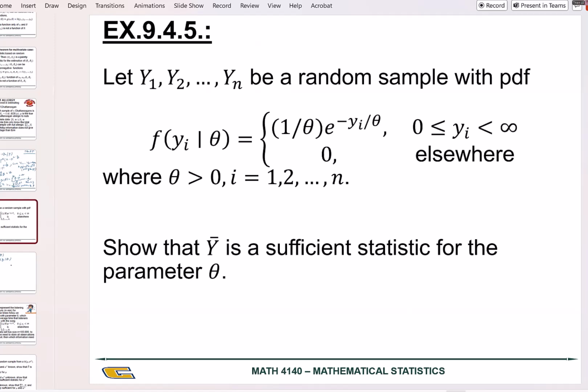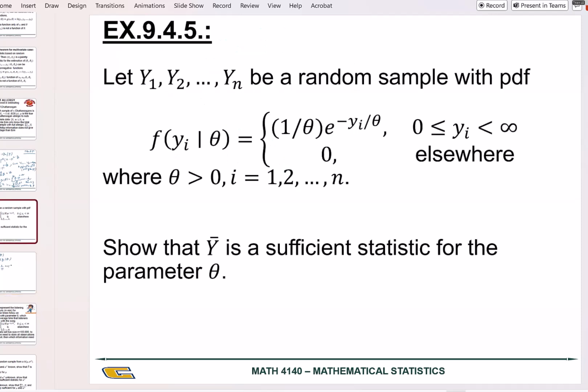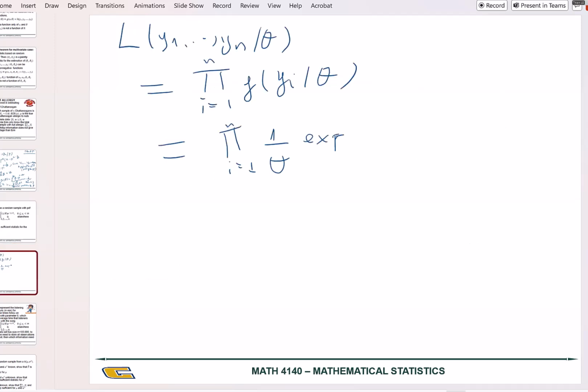So it will be the product from i equals 1 to n of 1 over theta times exponential of negative yi over theta. And for sure, if you want to put a constraint 1{yi greater than 0}, it works too.